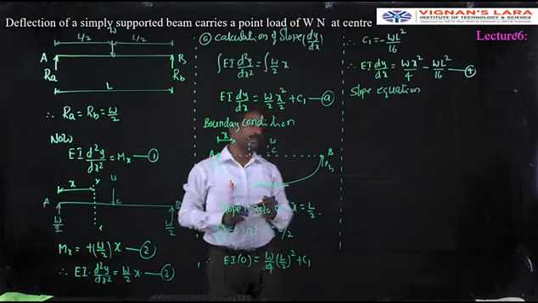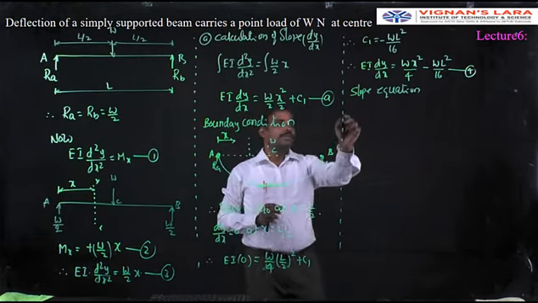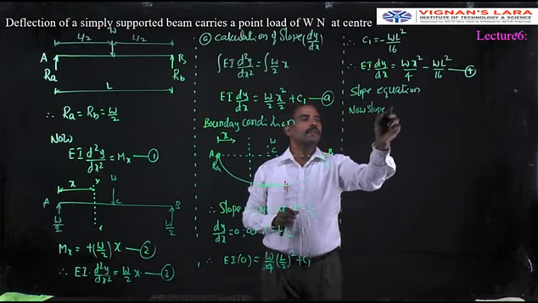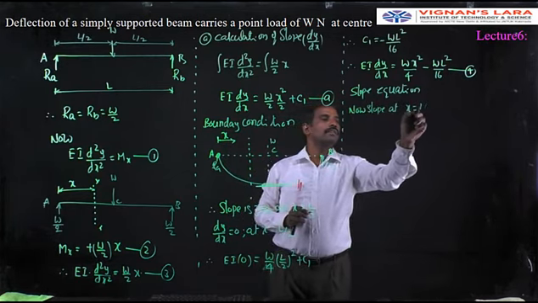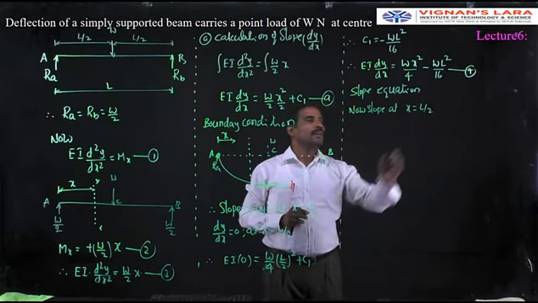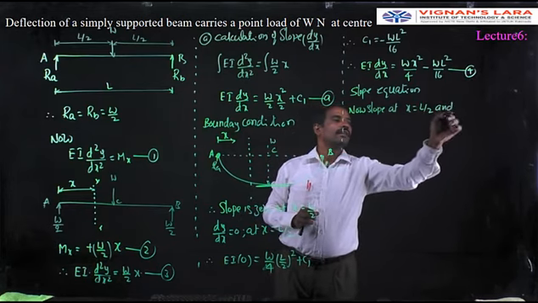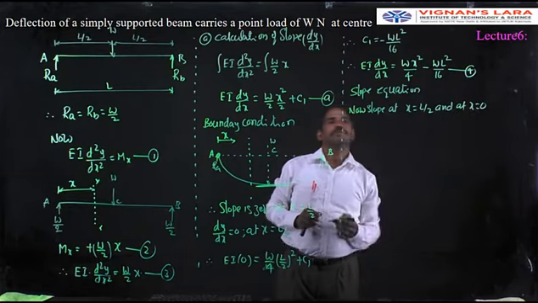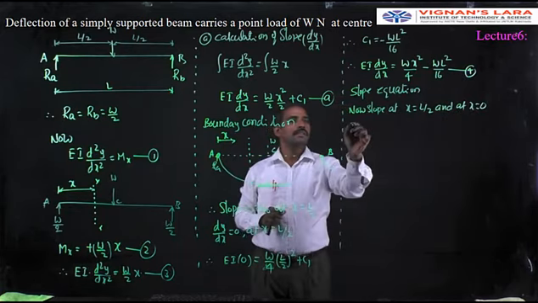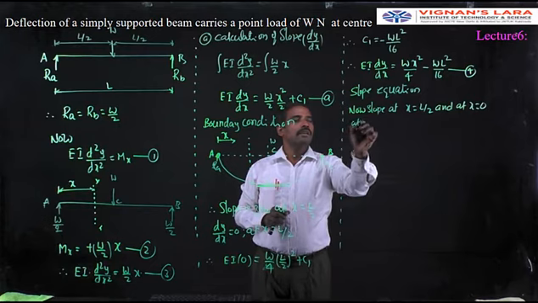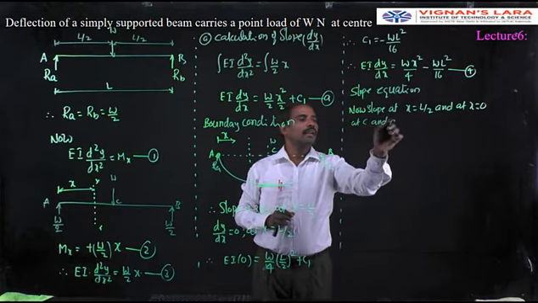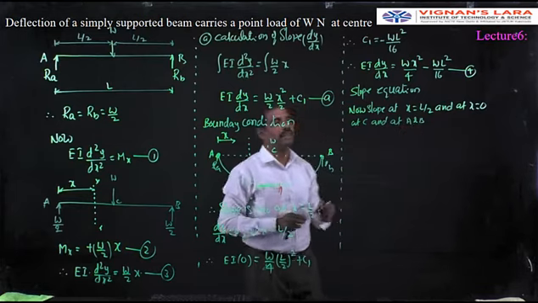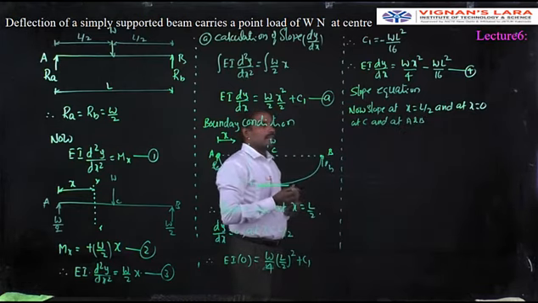Then you can find out the slope at A as well as at a particular point C, which is at midspan. Now slope at x is equal to L by 2 and slope at x is equal to 0, that means at C and at A or B. Those are the conditions.